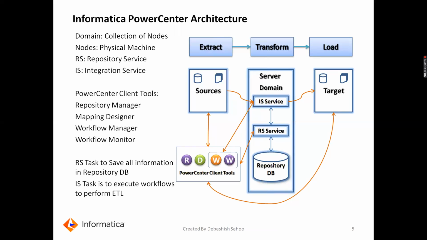There are four client tools I have defined here, which you can see as circles labeled R, D, W, and M. The last one is wrongly typed as W, so it should be M. It is the Monitor, that is M. W means Workflow Manager, D is for Designer, and R is for Repository Manager. We'll see about these. Something was typed wrongly here, sorry about that. So these are the PowerCenter client tools we have.